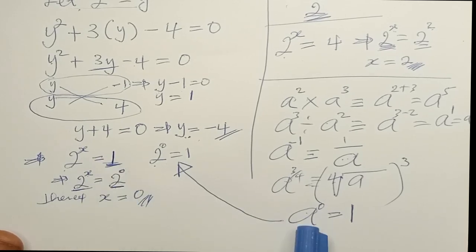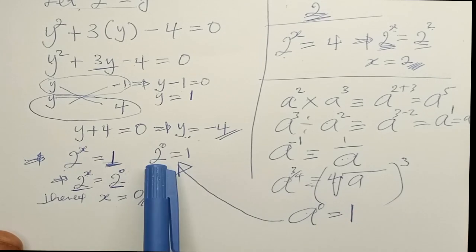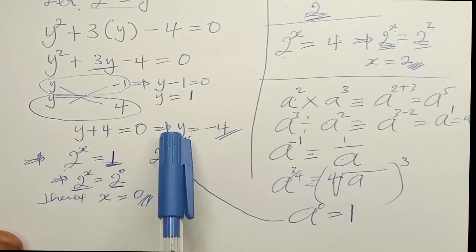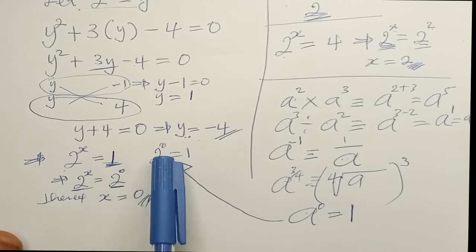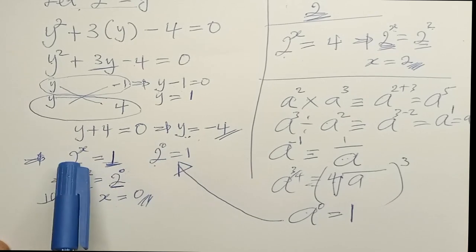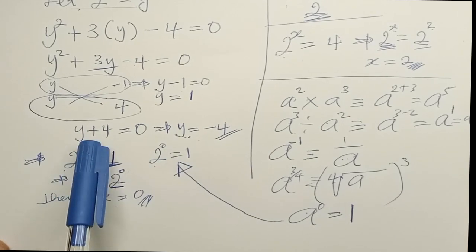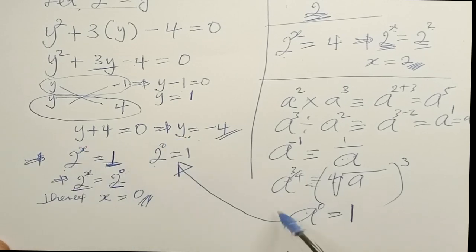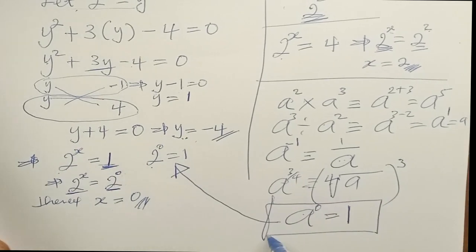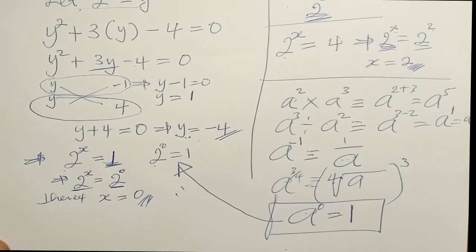You can see a to the power 0 is equal to 1. It means 2 raised to the power 0 is equal to 1. Any number, even 10 raised to the power 0 is still 1. 5 raised to the power 0 is still 1. But we must use a value which is equivalent to the base on the side carrying the x, which in this case is 2, to make x equal to 0. So this was the law which we applied in this particular area.